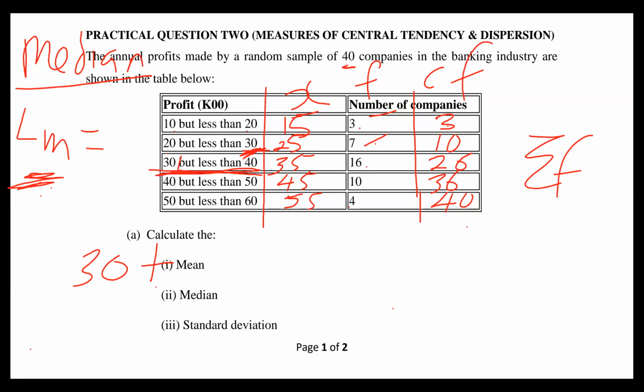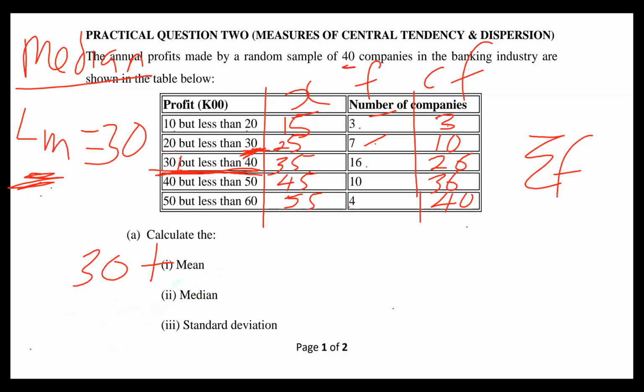You've seen that, right? Sometimes you find that these are different numbers. Is that clear? Then you divide this by 2. It will be 30 as the lower class boundary.